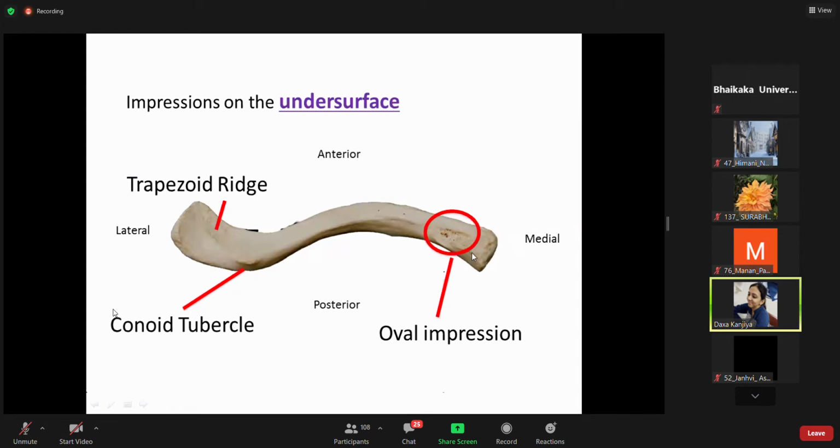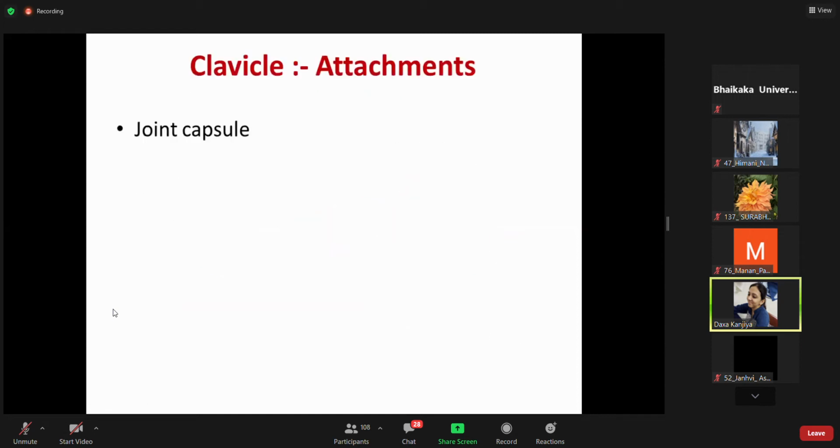And medially, this oval impression gives the attachment of the costoclavicular ligament, extending from the first costal cartilage to the clavicle. Right. All attachments on the clavicle include the joint capsules of both joints.